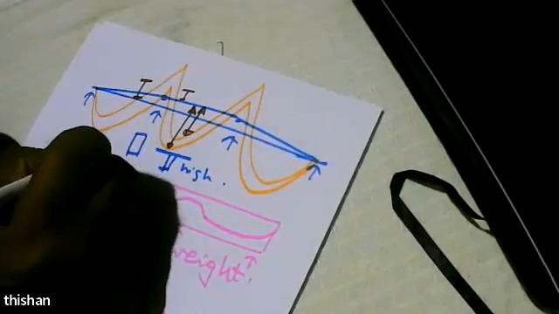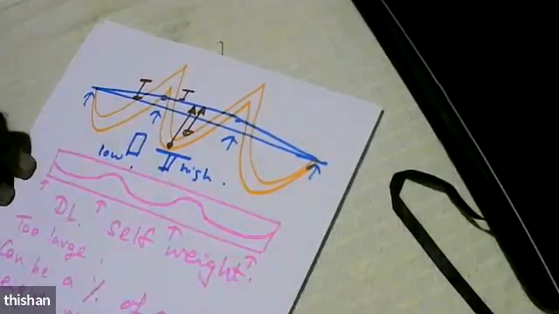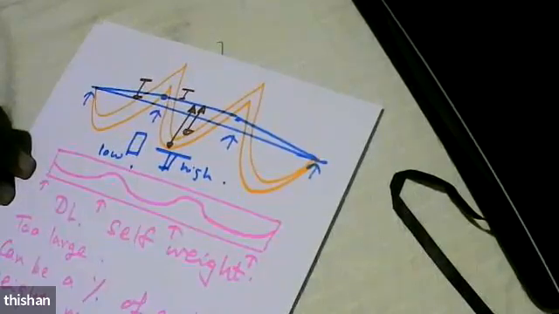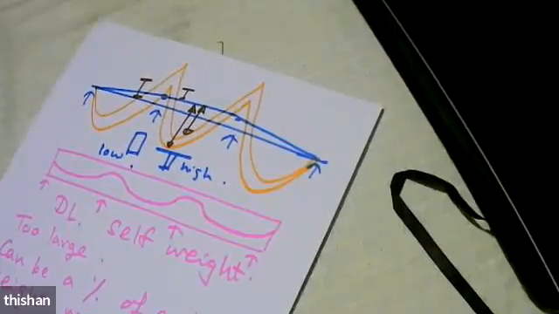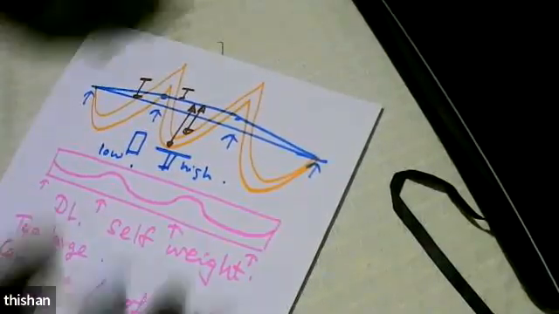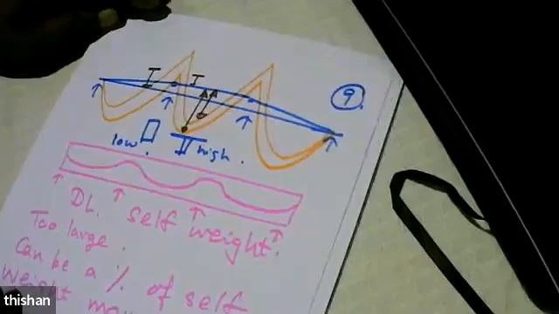Rectangular, low moment. Good. So these moments are not bad, they are good. The problem is how to make use of them. So for that, actually we developed a design method.